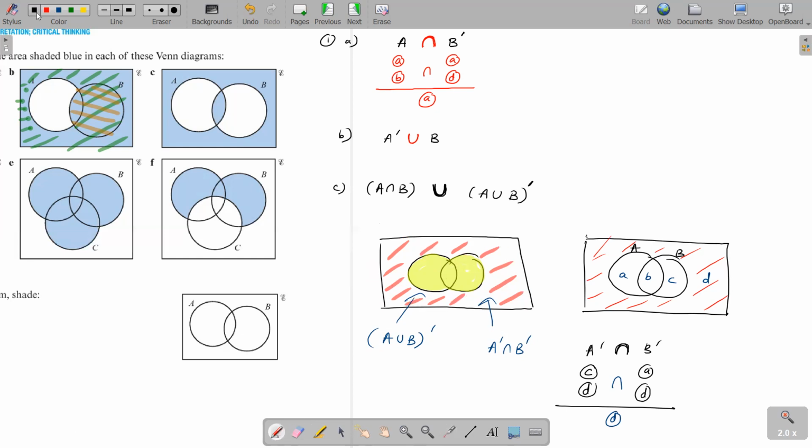So another way to give this answer is, A intersection B is the middle part, and I union it with A dash intersection B dash, which is the outside part. Union means you will color both of them at the same time. Okay, is this clear? Okay, guys.